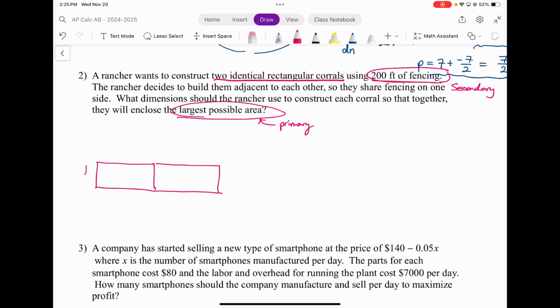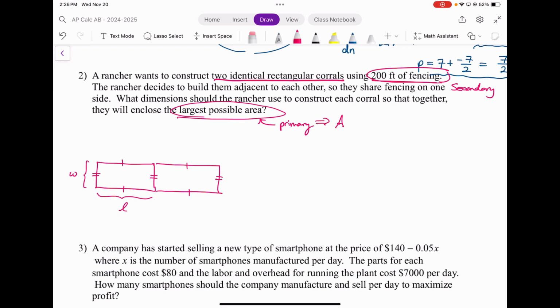And we might want to give these some names. So let's call this width. Let's call this length, right? So this is equal to this, equal to this, equal to this. Width, width, width. All right, so that's my corral. Okay, primary equation, area.